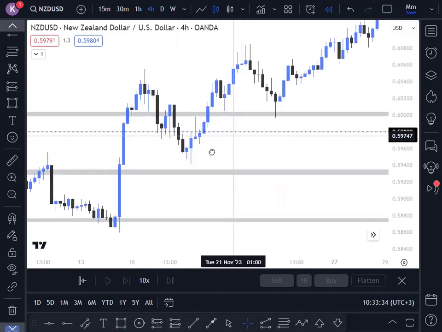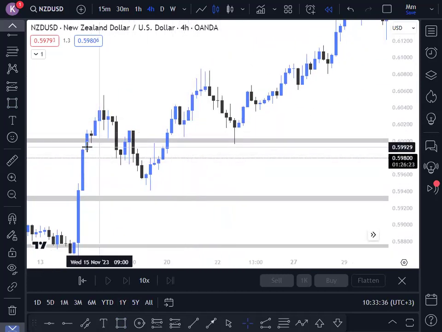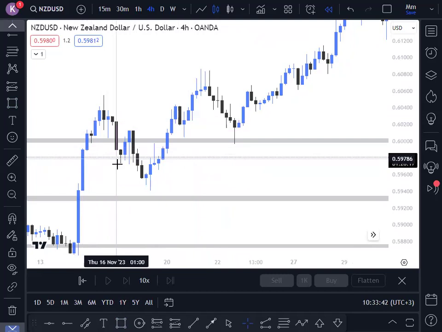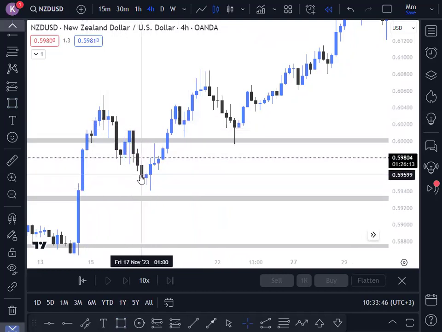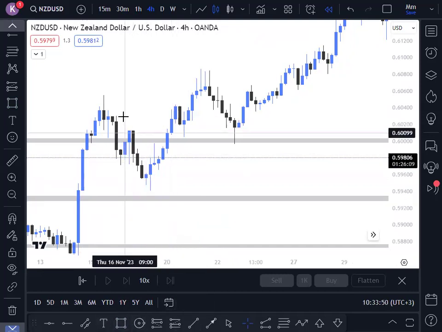So a resistance broken out became support here. The market broke it, made a new lower high, and then the market pushed to the downside, making a higher low, and then the market continued going to the upside.